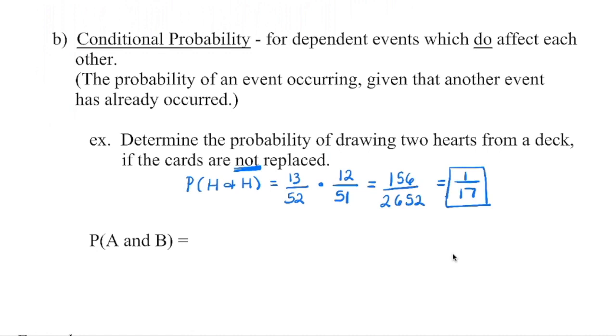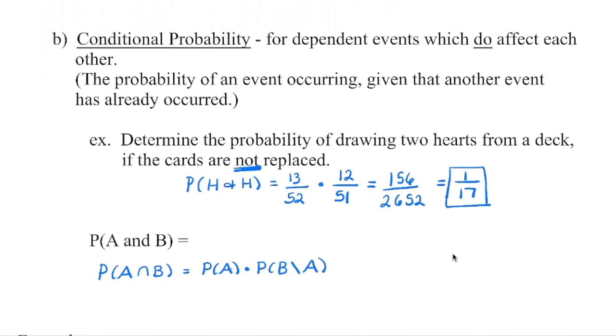So in terms of the notation now, we can say the probability of event A and B, remember and, that's our little slap chop. We're going to find the probability of event A, and we're going to multiply it by the probability of event B given that A has already occurred. This is the one thing that is a little bit different from set theory notation.